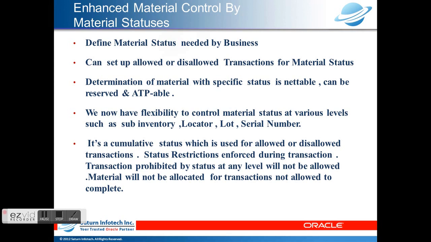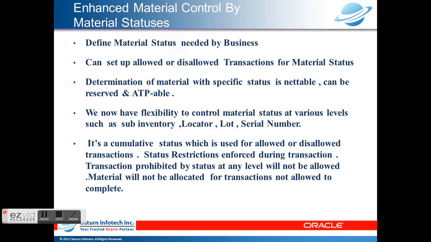Also, based on the material status, can this material be involved in the nettable calculation in MRP, or can this material be reserved, or can this material be included in the ATP calculation? This kind of control we can do.